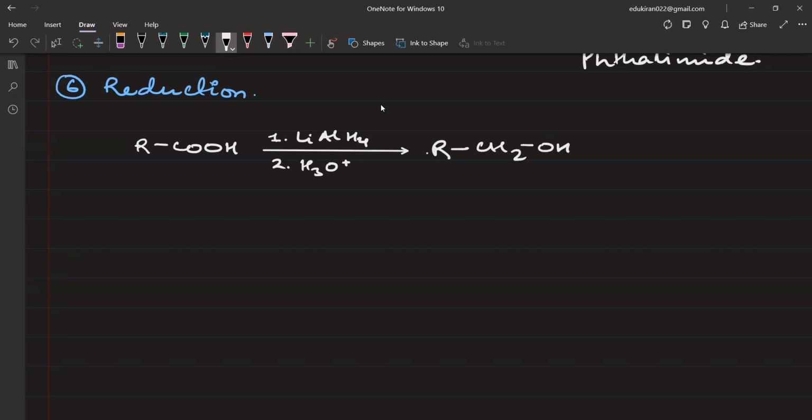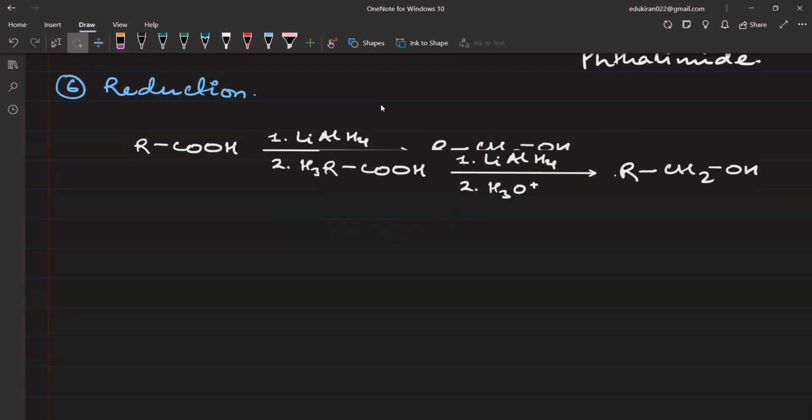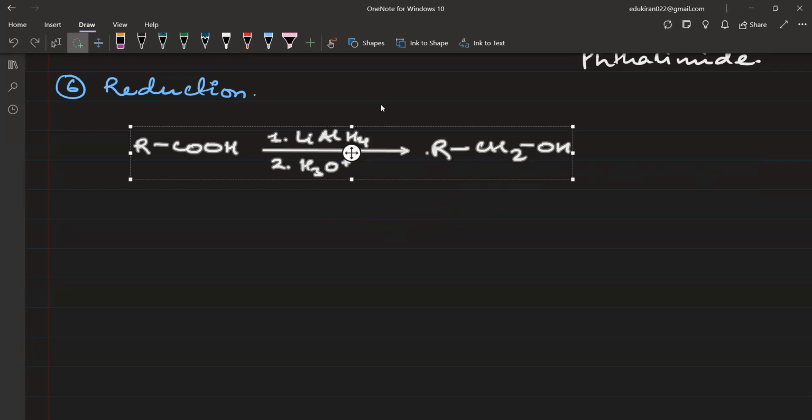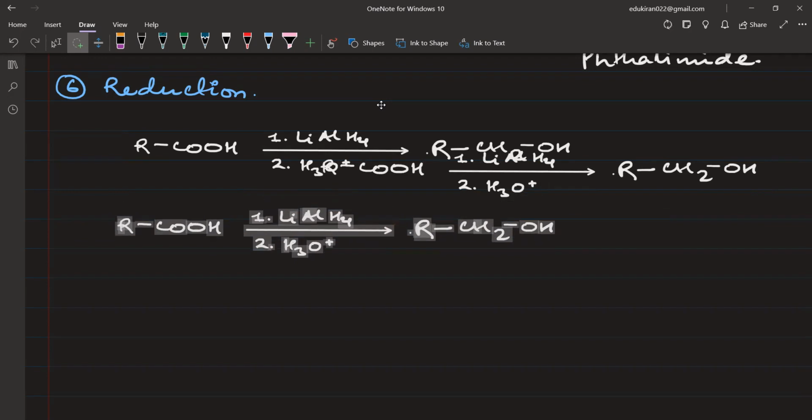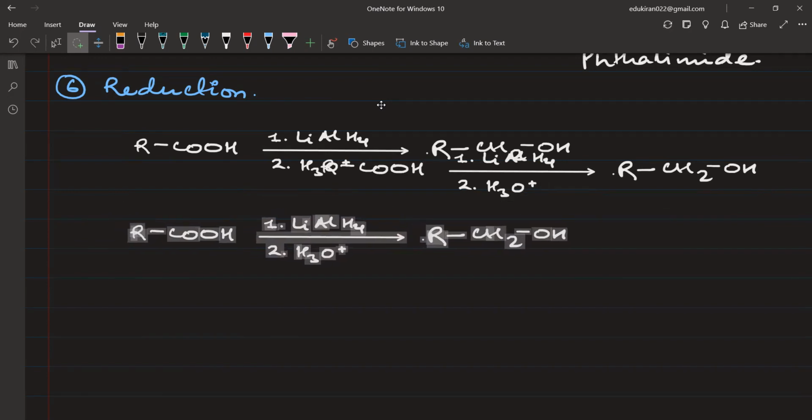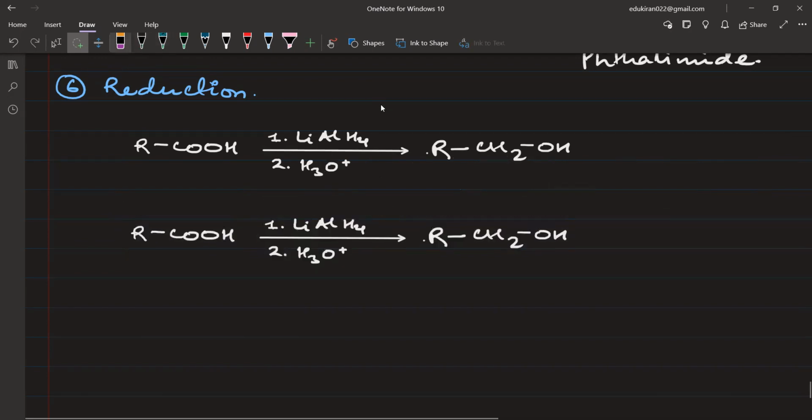Okay. Now we can also use B2H6. B2H6 is known as diborane.